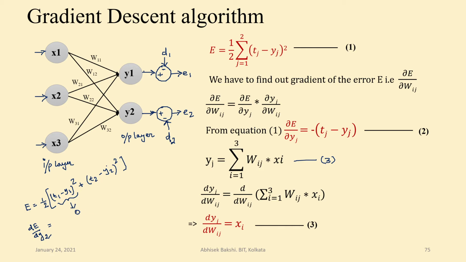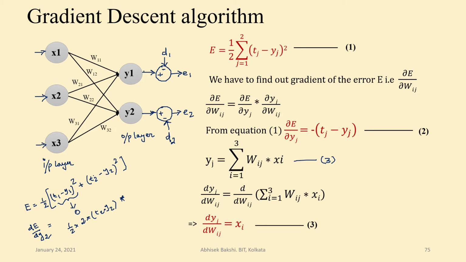But this particular term contains y2. So here we again have the chain rule of differentiation, and we will have something like half into 2, then (t2 minus y2), and then the differentiation of this one minus the differentiation of this one.